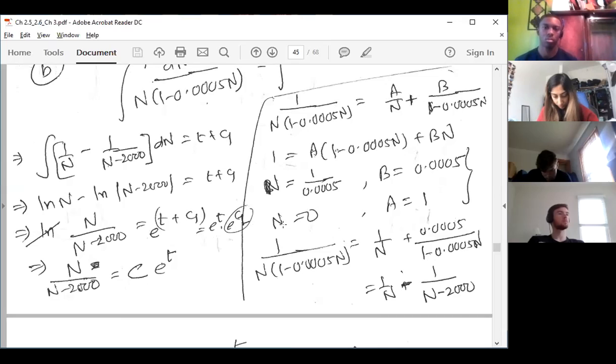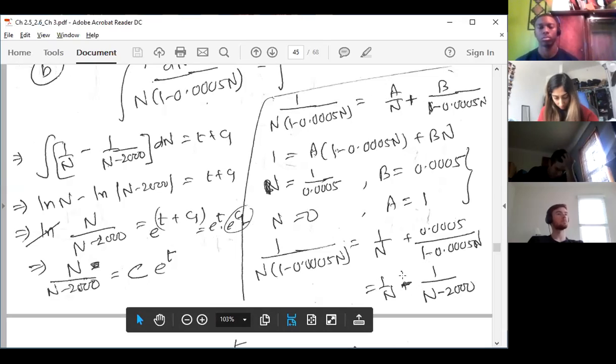So you get a equal to 1 and b equal to 0.0005. Go back and plug these two values in. Simplify and you get 1 over n minus 1 over n minus 2000. So 1 over n times 1 minus 0.0005 n is nothing but 1 over n minus 1 over n minus 2000.